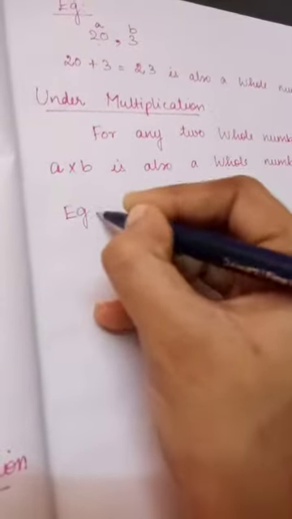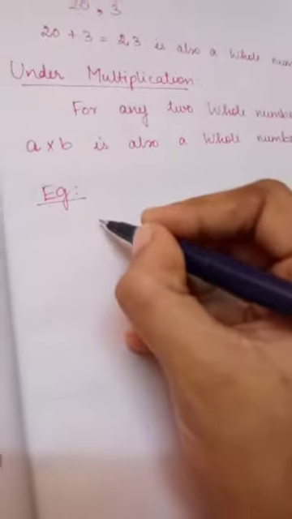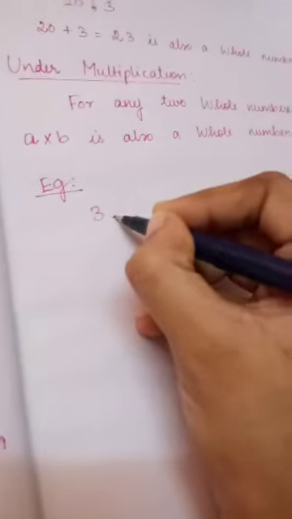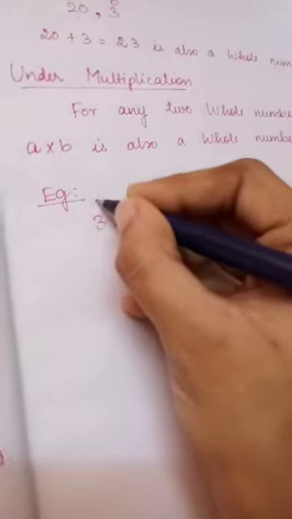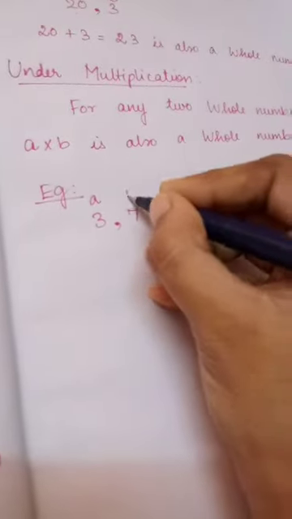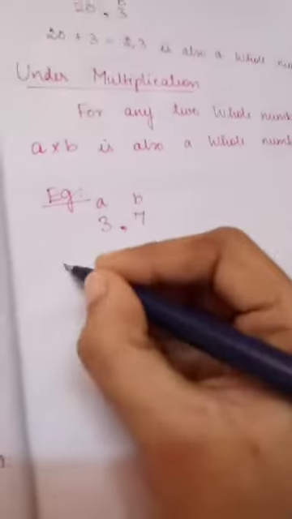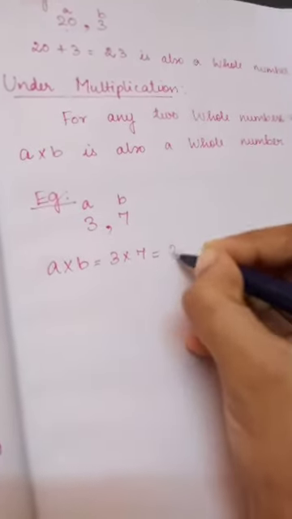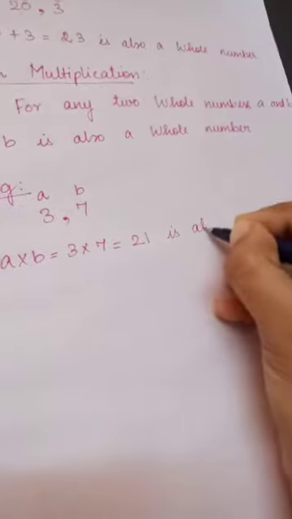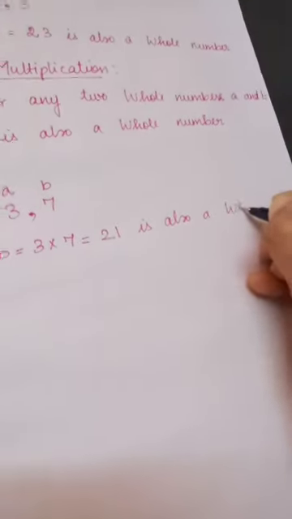Example for that: I am taking two whole numbers 3 and 7. Let us consider 3 as A and B as 7. So A into B means 3 into 7. 7 threes are 21, which is also a whole number.